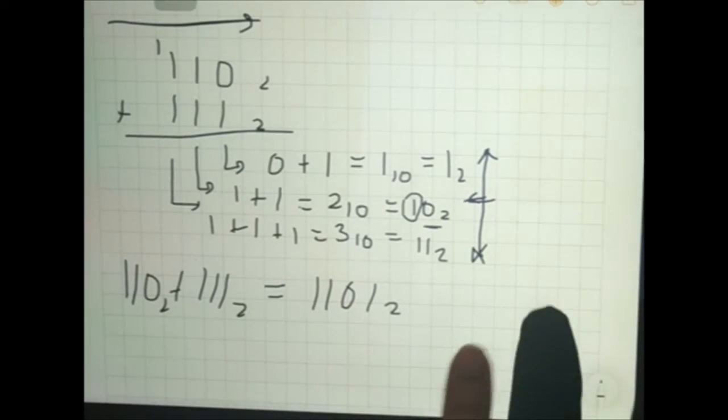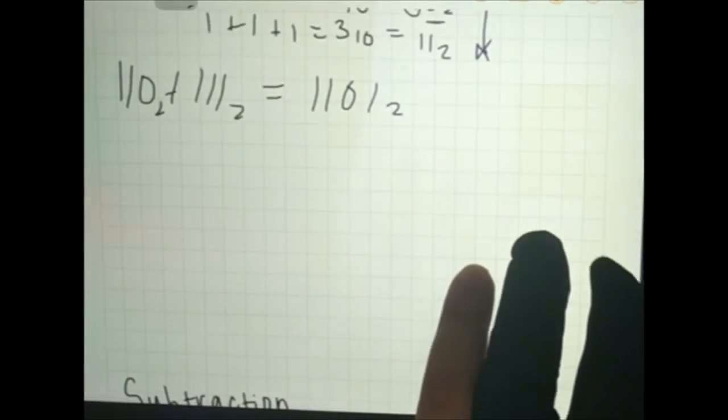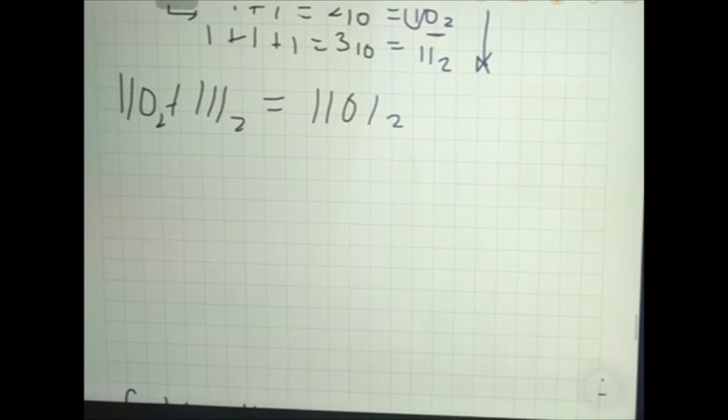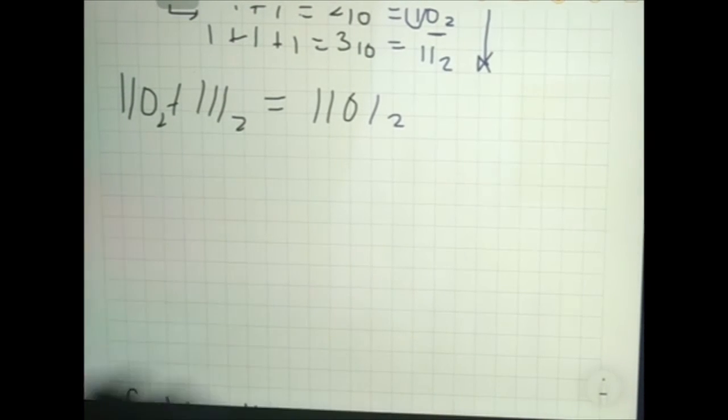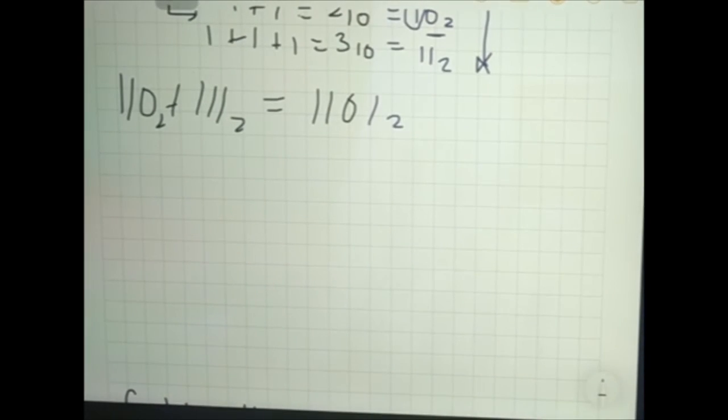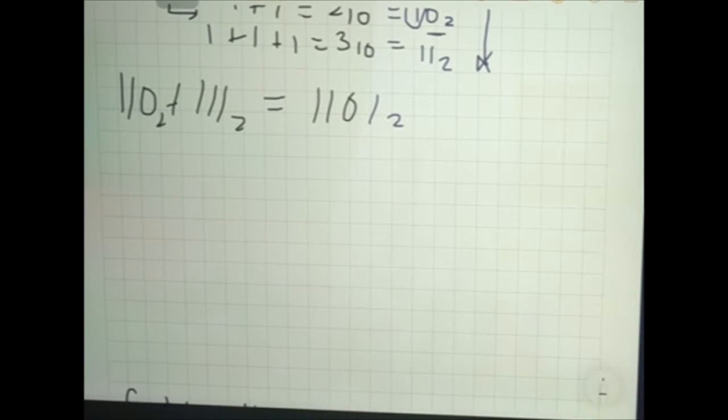Okay. Let's do conversion form. So conversion form, we first convert these two numbers in base 10. We add up the numbers in base 10, and then we convert it back to base 2 by using the division of base number.